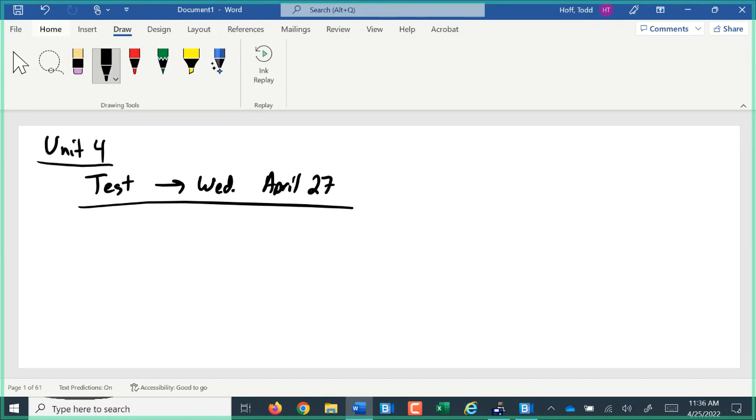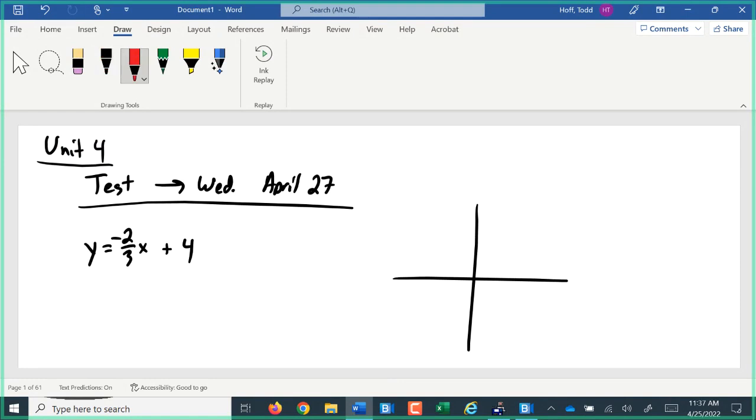So we were talking on Friday about parallel and perpendicular lines. Let's go back just a little bit further than that to review. If we have an equation like y equals a negative 2/3 x plus 4, there are two pieces of information in that graph, and that's all we need to create the line.